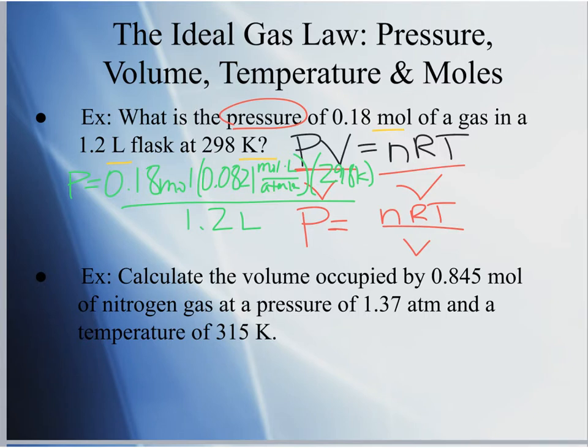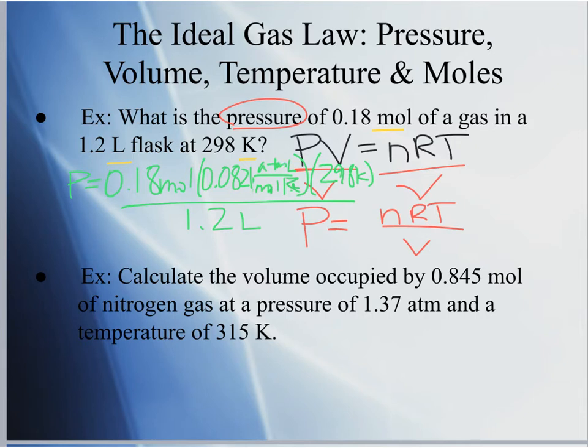Oh, okay, so I messed up a little bit in the units for this. If you can follow the units, you're kind of doing the math right. We need to have moles on the bottom and atmospheres on top.